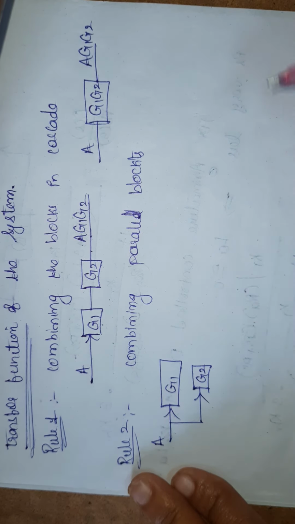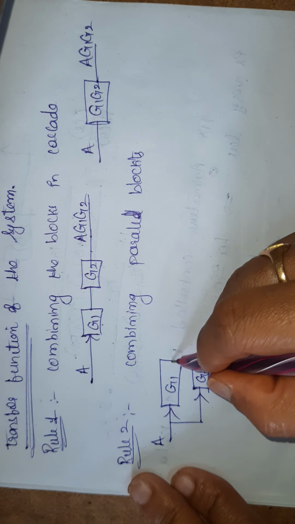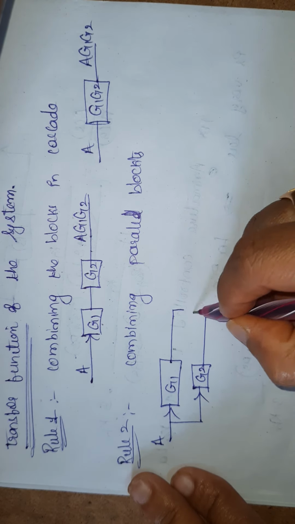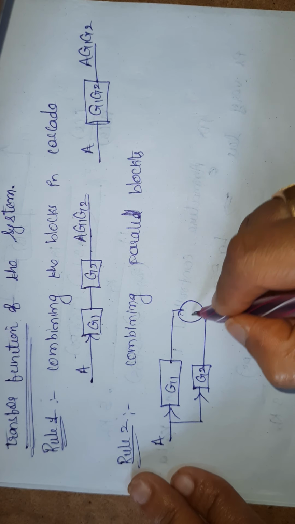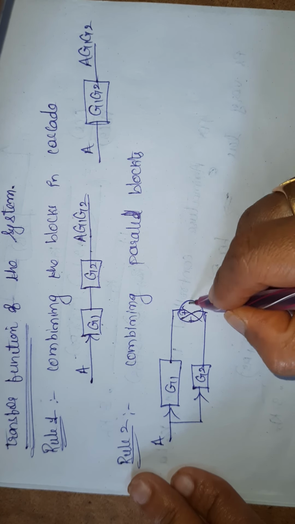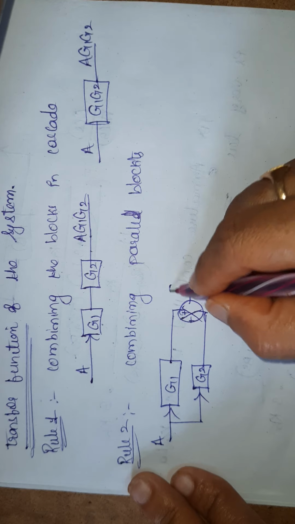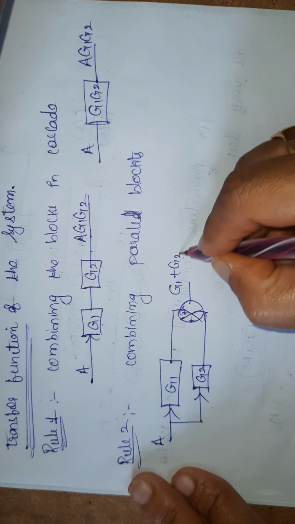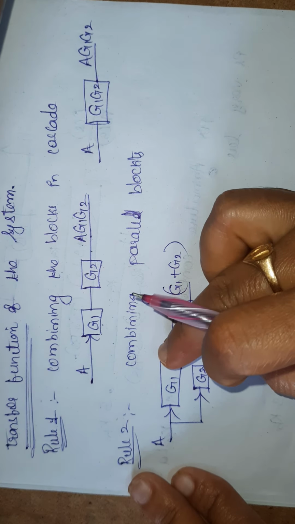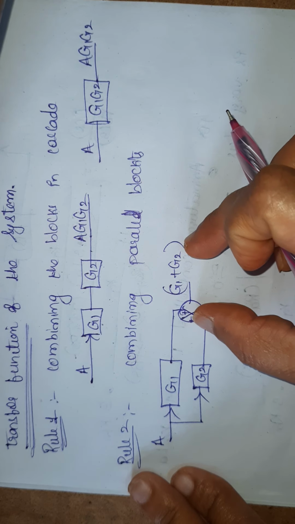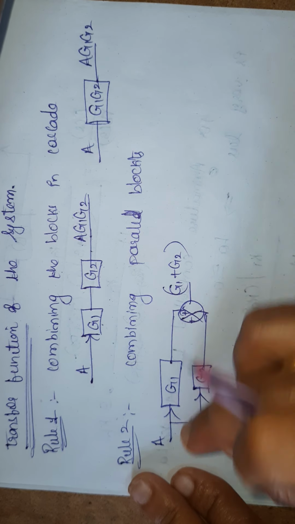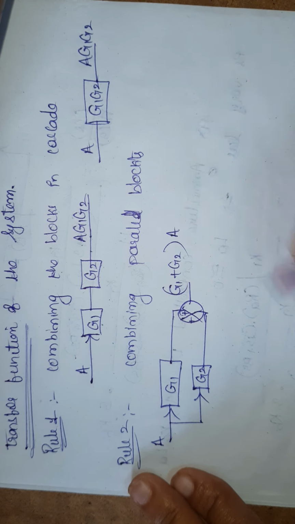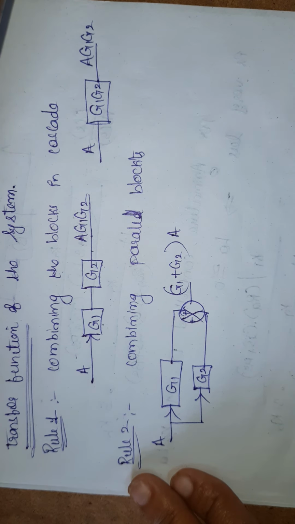Input is A. These two are combined with an adder. So what is the output? G1 plus G2, since these two are in parallel they are added, and these two blocks are multiplied with A. So this is the output.